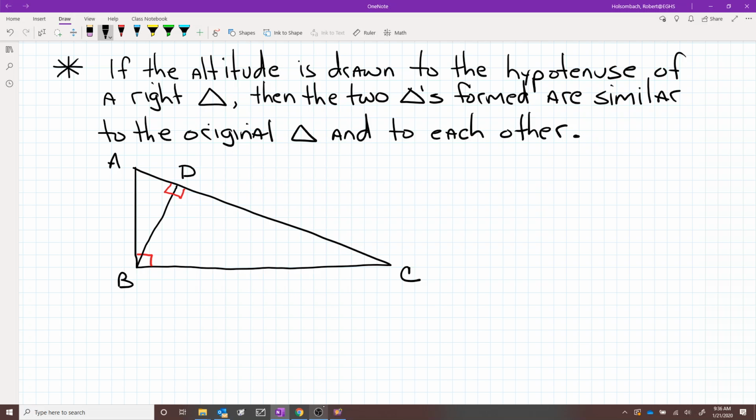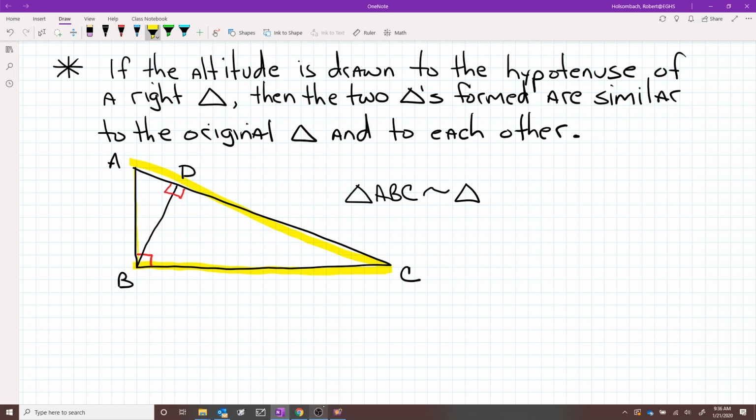So today you'll be writing some similarity statements that address that. A similarity statement that relates these triangles would be, we could say that triangle ABC is similar to triangle. Now, ABC went short leg, long leg, hypotenuse.